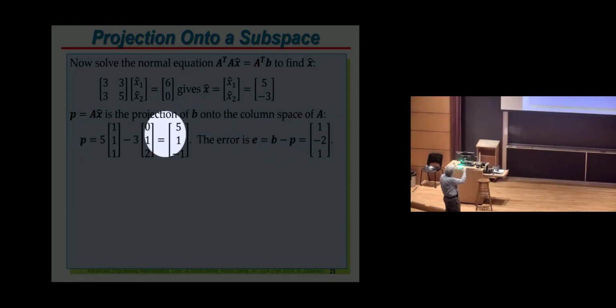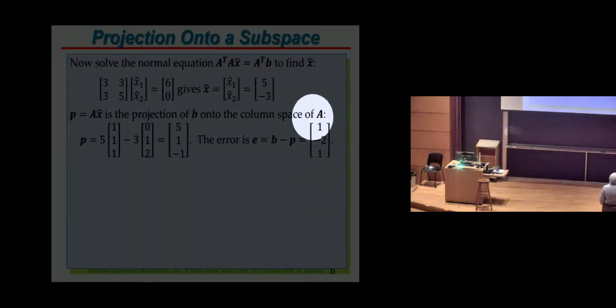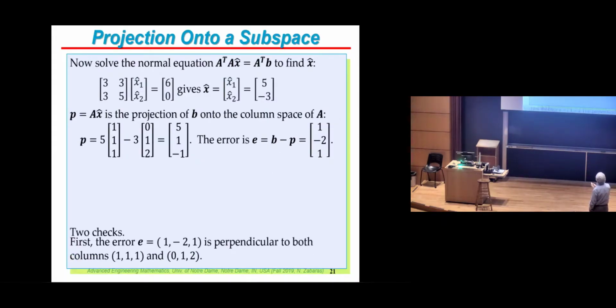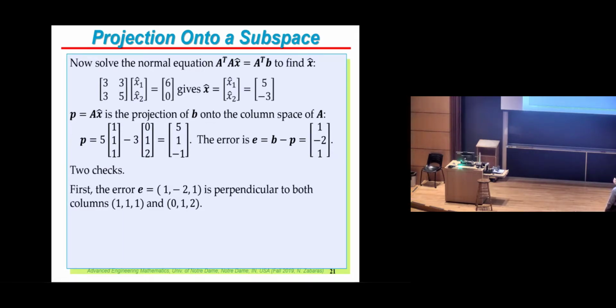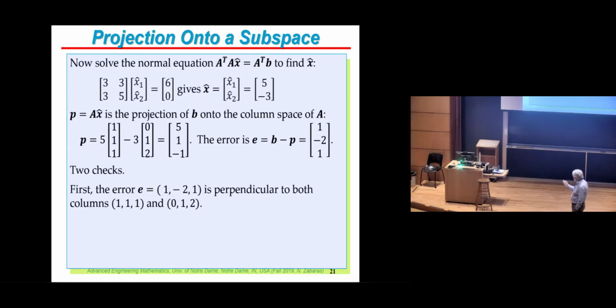If you plug in p and the b that we started with, the error is 1, minus 2, 1. You can check that this point is actually in the left null space, so A transpose times this vector gives you a 0. You can also check that it is orthogonal to each of the column vectors of the matrix A.